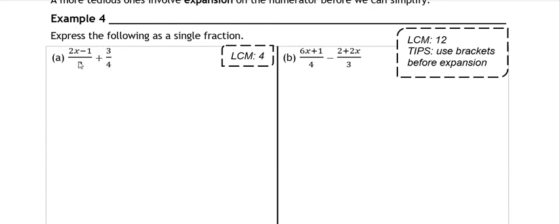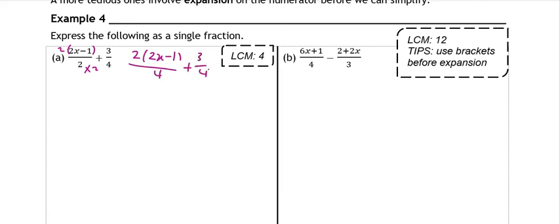But for the first fraction, you have to do it like this, times 2. And when you multiply 2 on the numerator, I mean the whole thing, you have to multiply this whole thing. So you will use the idea of expansion. So here you will have 2 bracket 2x minus 1, everything over 4, plus 3 over 4.